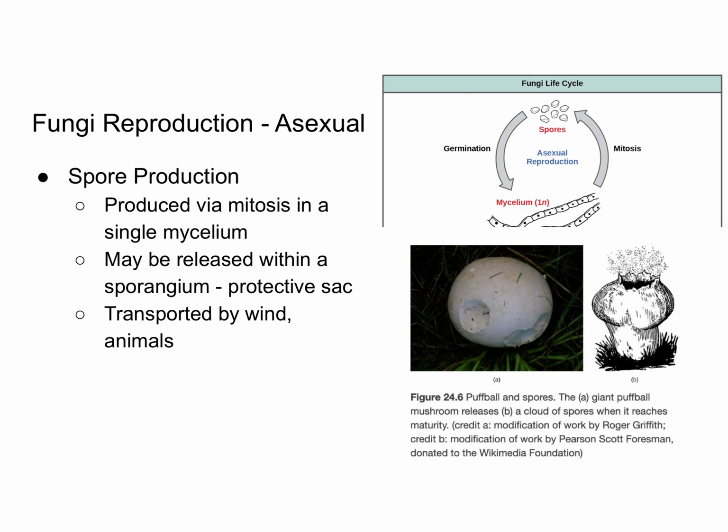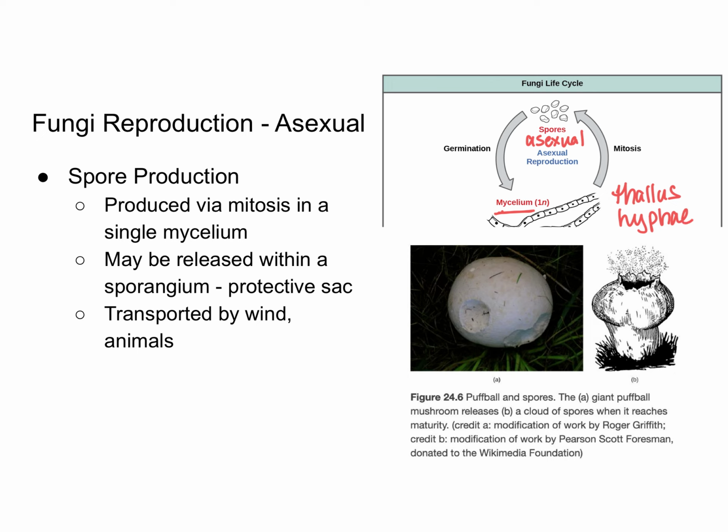Fungi can also reproduce asexually through the production of spores. More specifically, we call these asexual spores, because we're going to talk about sexual spores later on. So during this spore production, you can see that we have this mycelium. And remember, the mycelium, we can also call it the thallus, and it's made up of the hyphae.